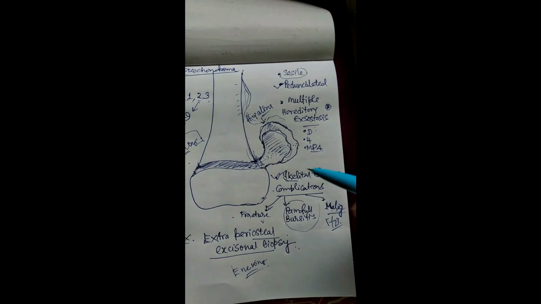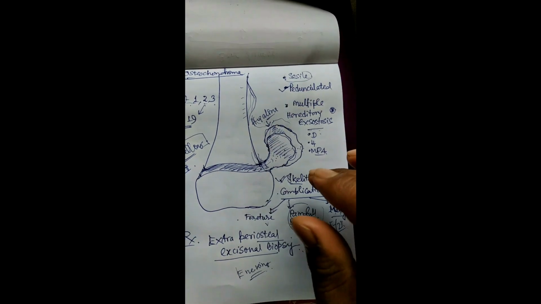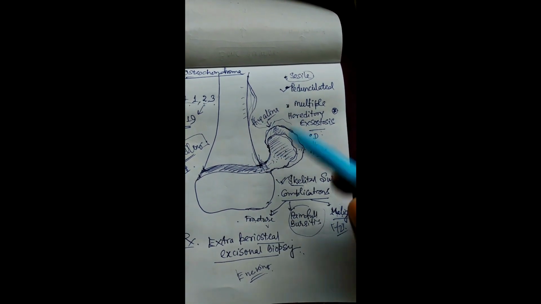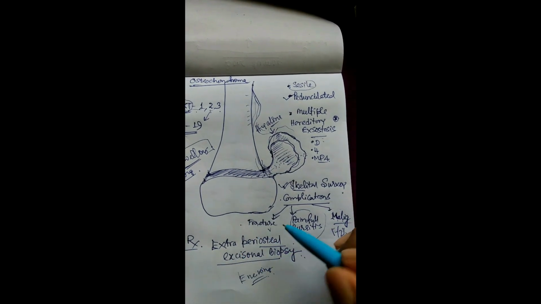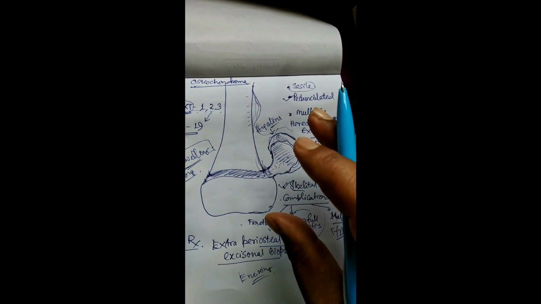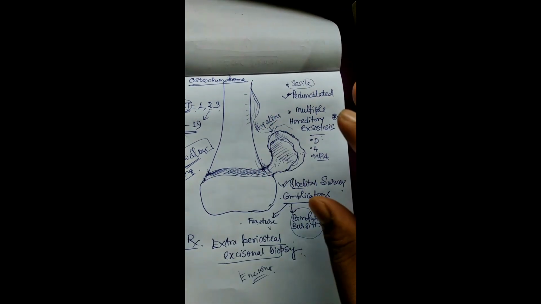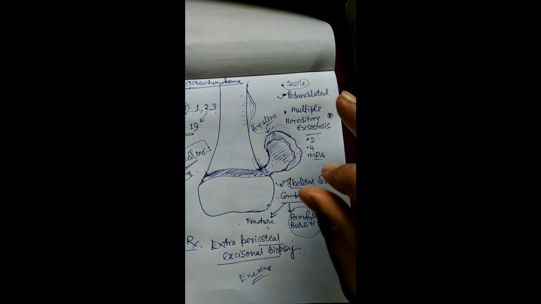Now how do we approach this patient? We have a plain X-ray, and we have diagnosed the case. After that, we go for counseling of the patient. Generally, this is benign and has no emergency.